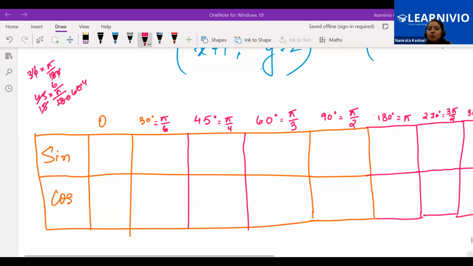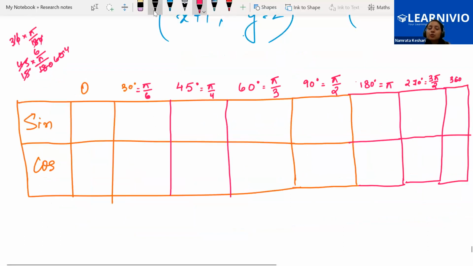Let's write all the angles over here, which we have found and which we know already.